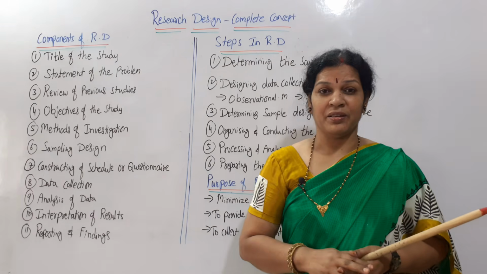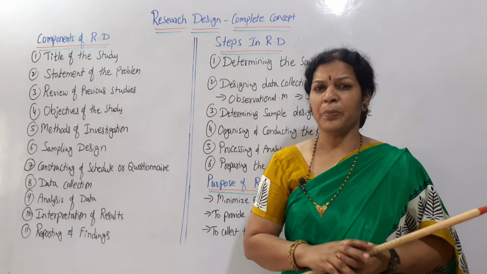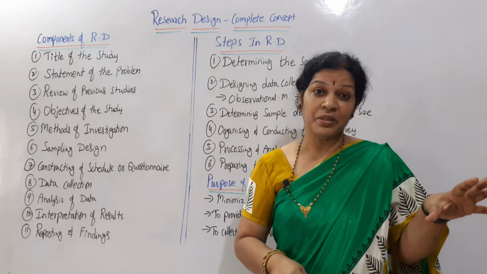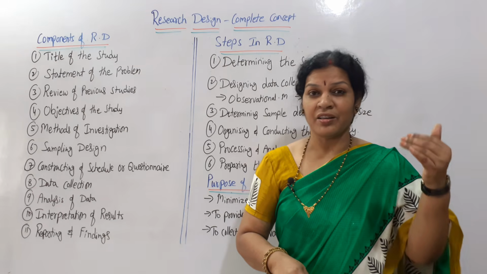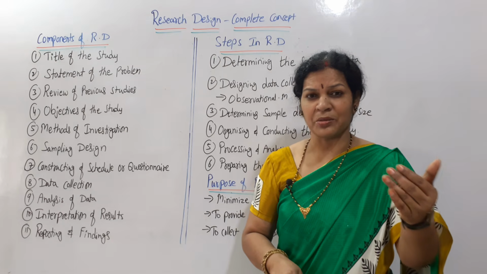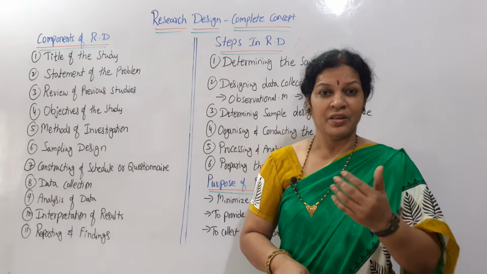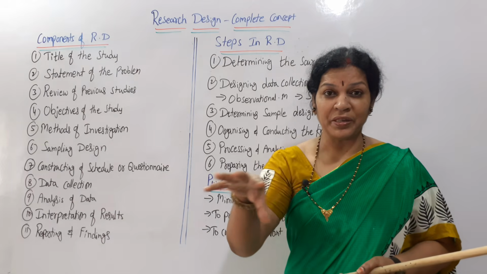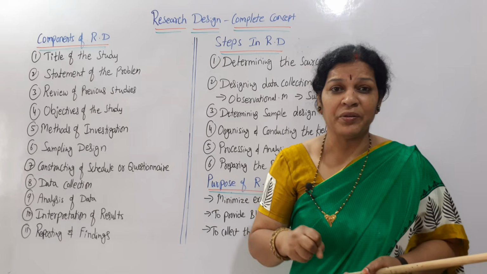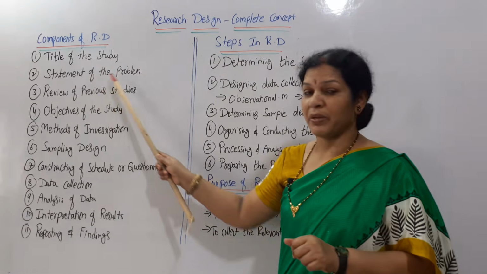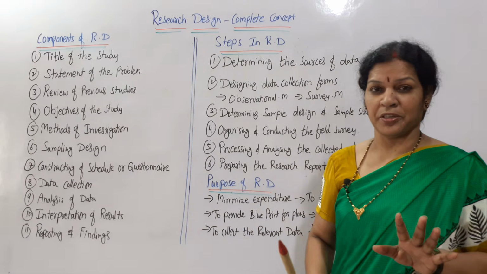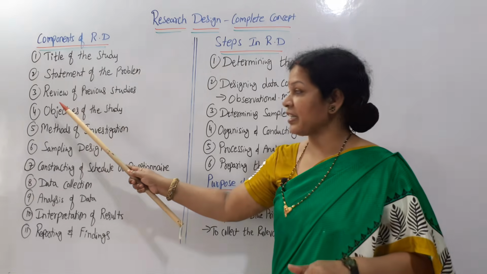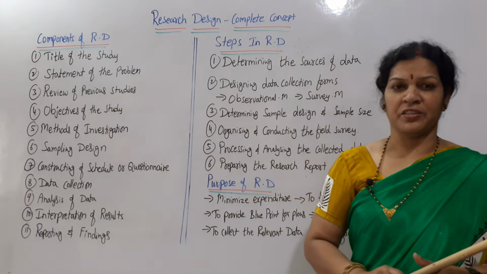Like for example, population in a particular area, or education system in a particular district, or government colleges education system, government schools education system, or labor's wages and their work atmosphere in a particular area. What is the problem you have taken, that statement of the problem is very important, clearly you have to mention it.